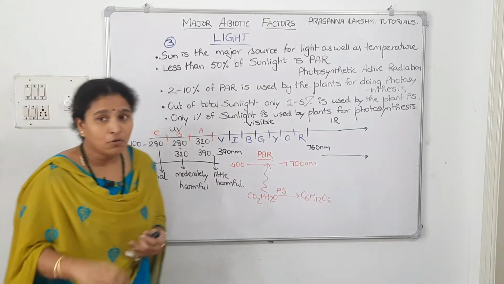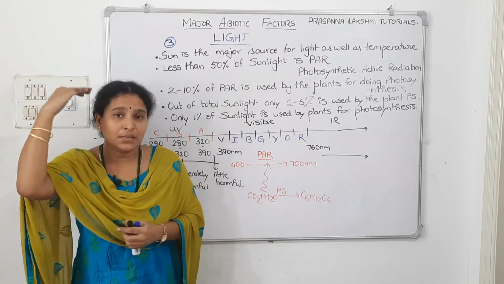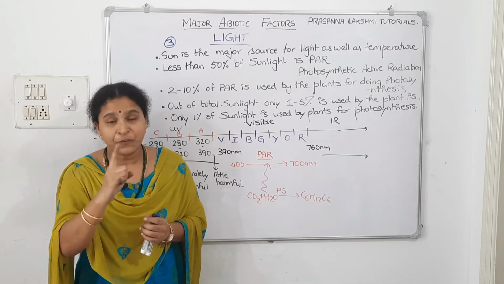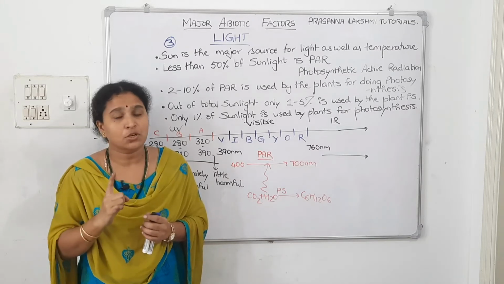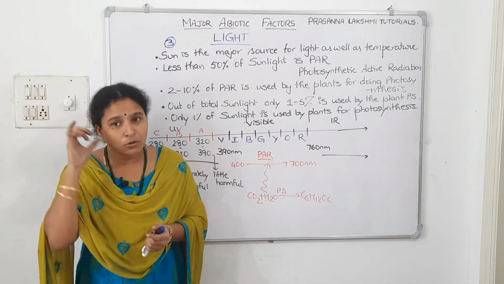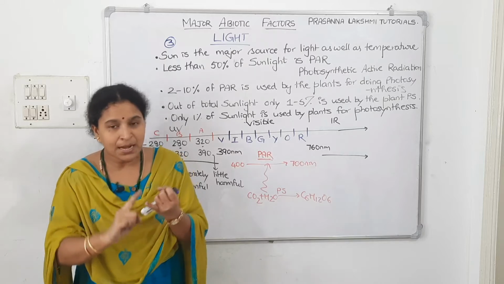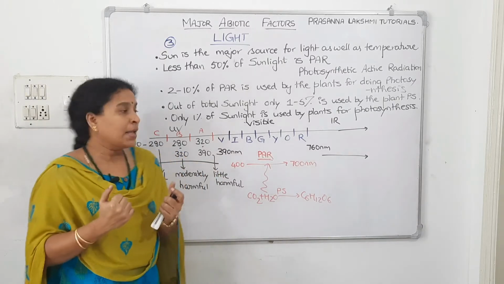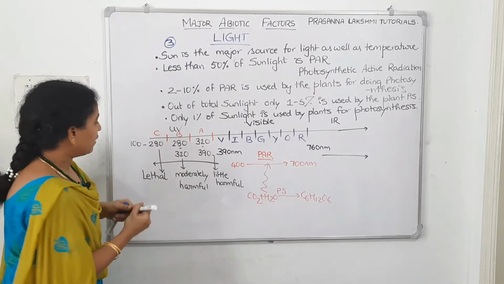Now, in the upper layers of the atmosphere, there is an ozone layer. The ozone layer acts as a filter to trap the UV radiations. UV radiations are harmful. They cause mutations. When the ozone layer is undamaged, it absorbs 100% of the lethal UVC and 50% of the UVB.